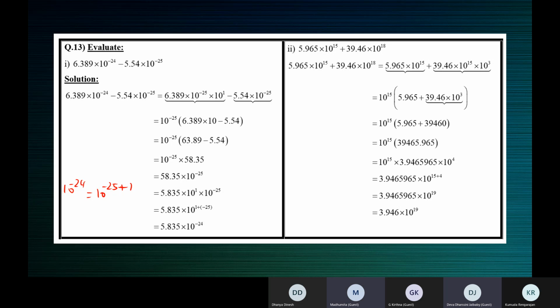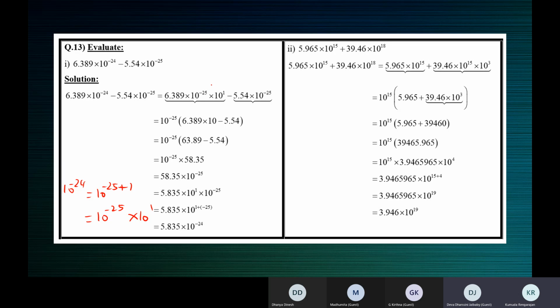How will you add the powers? Only if they were minus 25 into 10 to the power 1. Understood? So that's the first step.